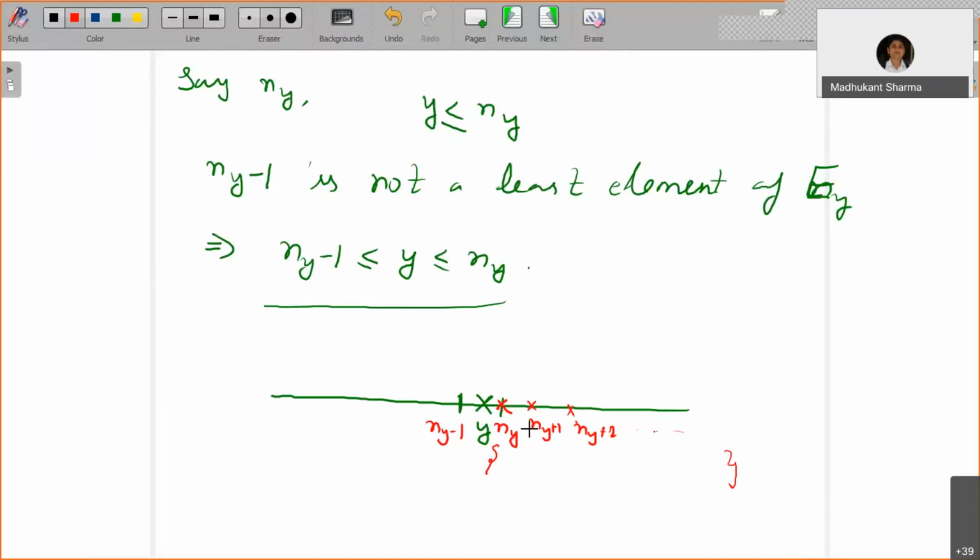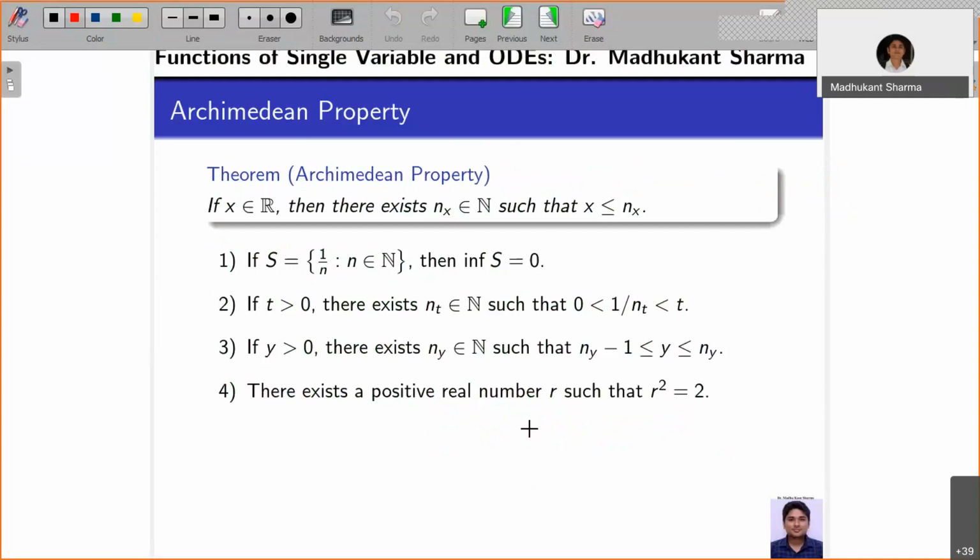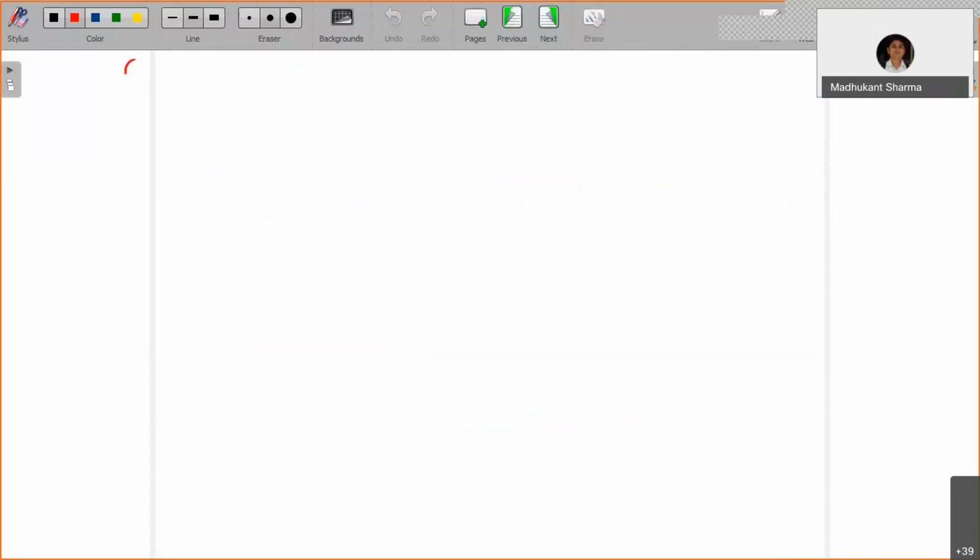We are now in a position to establish the result that there exists a positive real number r such that r square is 2. So let's go to the next page. We want to claim there exists an r in R such that r is greater than 0 and r square is 2.